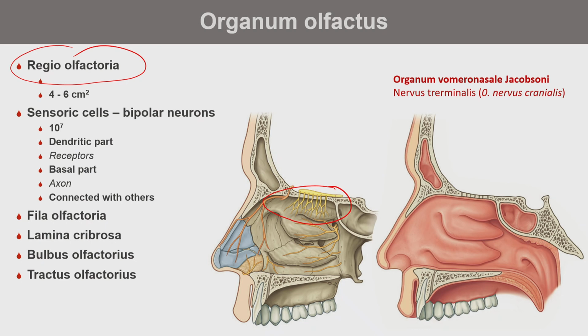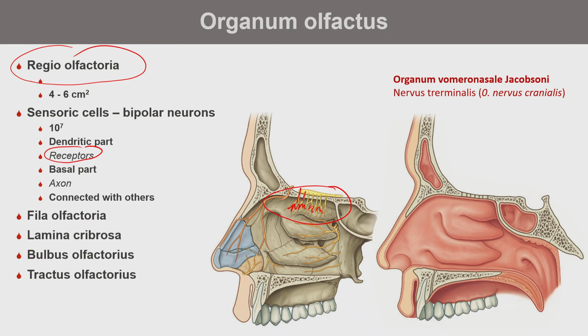So the real sensoric cells are bipolar neurons. The most primitive neurons which we have in our human body are those used for olfaction. They have dendrites, the fila olfactoria, localized like receptors in the nasal cavity.